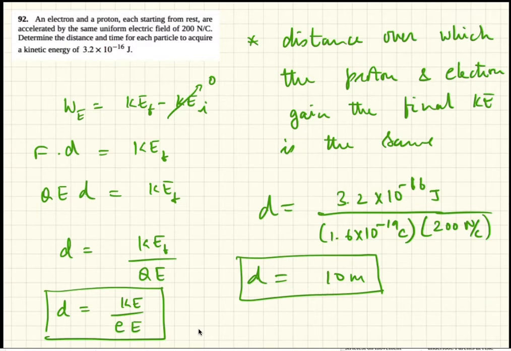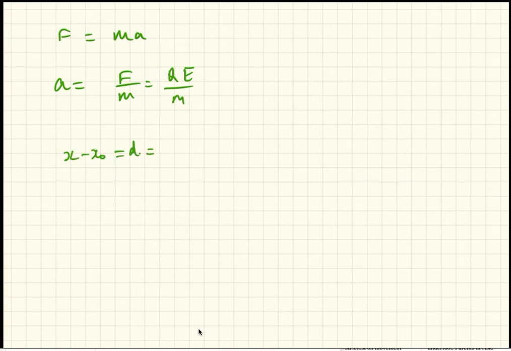Okay, so let's add a page. Force is mass times acceleration. Acceleration is force over mass. Force is Q times E. So again, the force is the same, except that the mass is different, so the acceleration will be different. And x minus x naught, equal to d, equal to v naught t plus 1/2 a t squared.